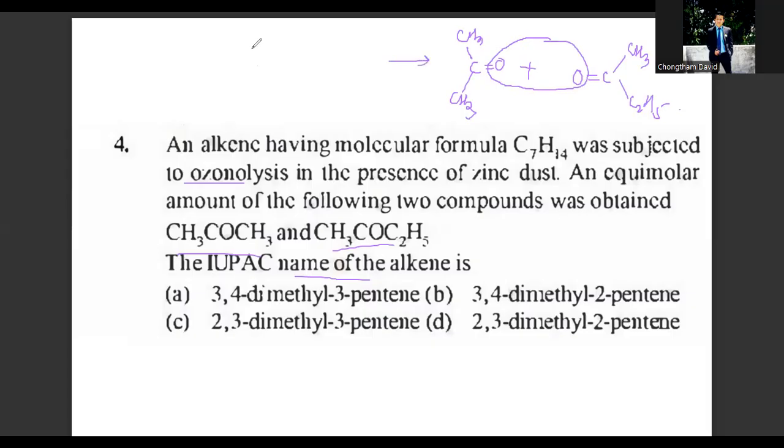So likely the alkene must be, I will write in the bond line notation, and this must be the formula of the alkene. This will be called 2,3-dimethyl-2-pentene. So in the option you have 2,3-dimethyl-pentene. So D will be the answer for question number 4.